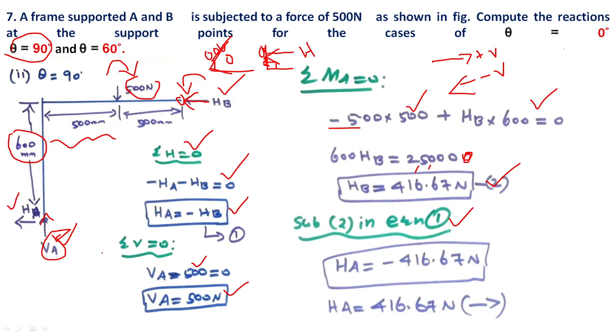HA is equal to minus 416.67 Newton. The negative sign indicates the backward direction. If a value is positive, it means the forward direction. Okay, that's all.